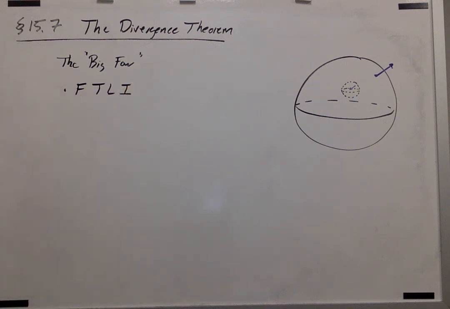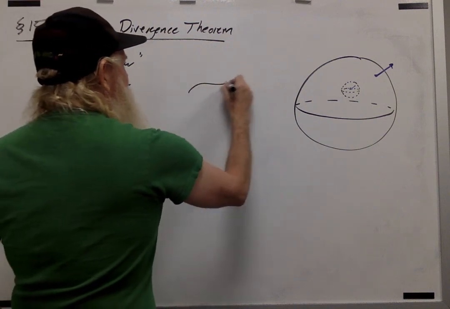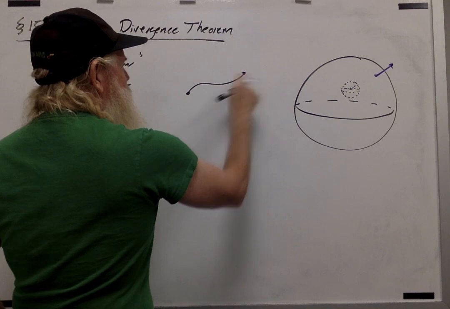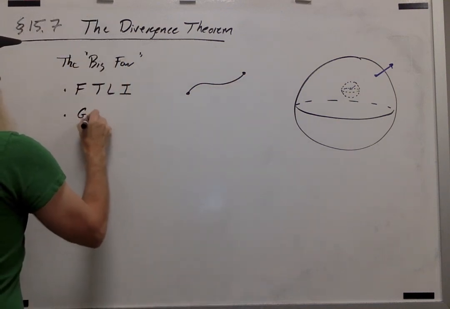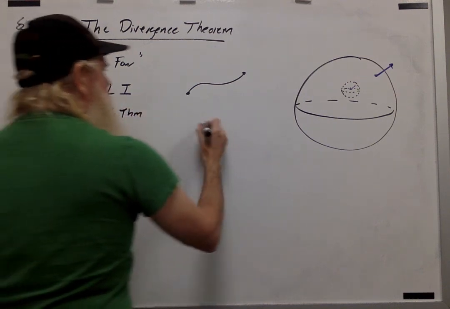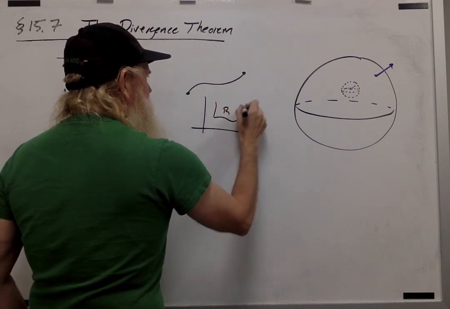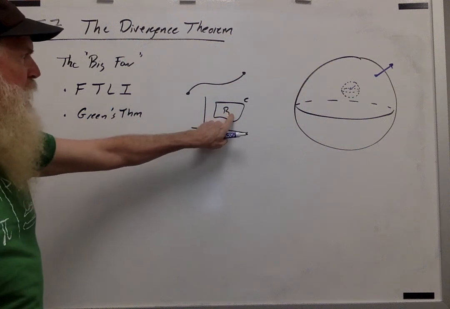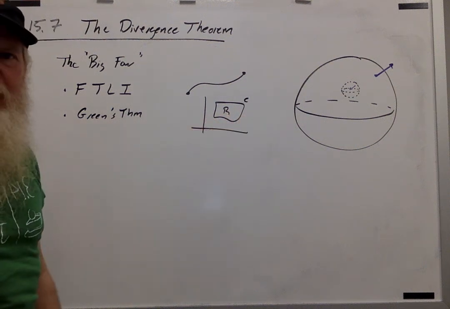The fundamental theorem of line integrals related an integral along a curve in space to the value of a function at its two endpoints. Next, we saw Green's theorem, where we had a region in the plane and its boundary curve. And Green's theorem related a certain integral over R to a related integral over the boundary curve.